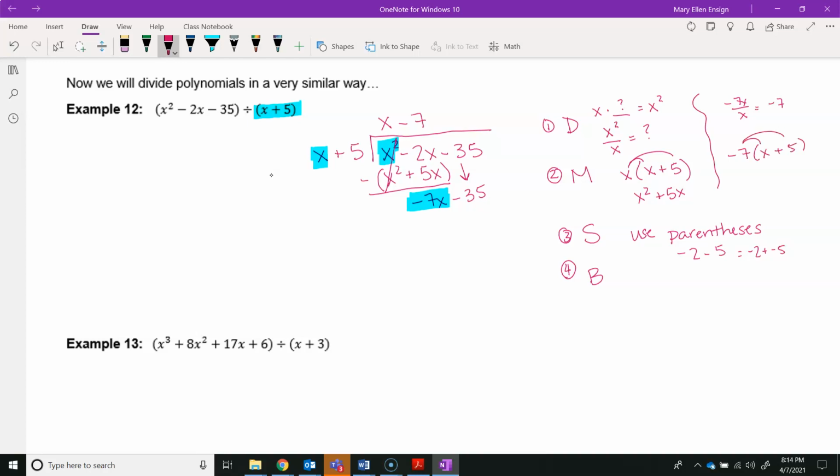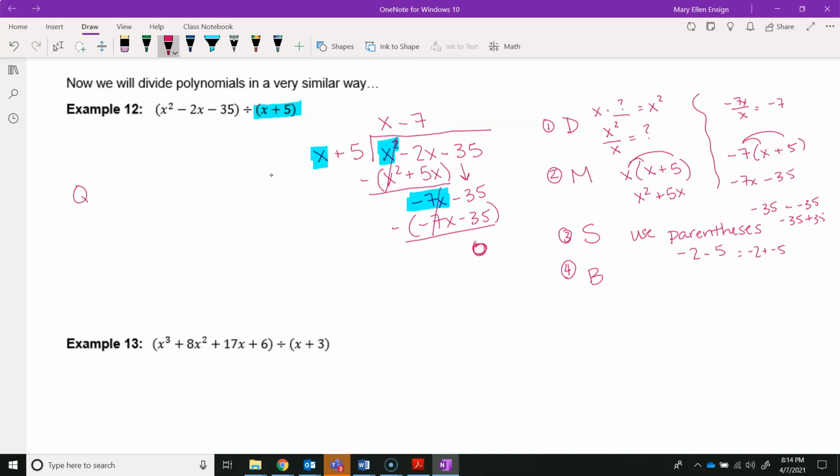So I get -7x minus 35, or plus -35, either way. So I write that here. Then I need to subtract the whole thing, put it in parentheses because I have more than one term. -7x plus 7x is going to be 0, and -35 minus -35 is like -35 plus 35, which also is going to be 0.